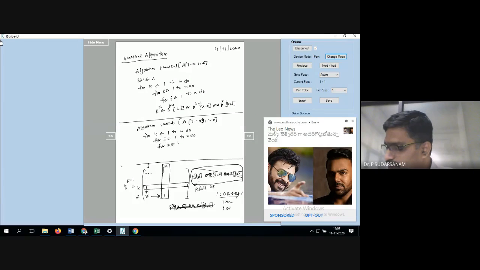The way of writing the matrix is A of i comma j is equal to A of i comma j OR A of i to k AND A of k comma j. That's it. Your program, one program over.